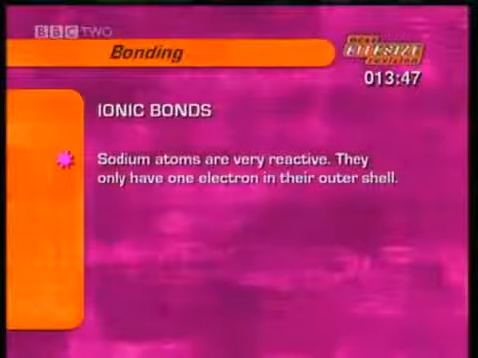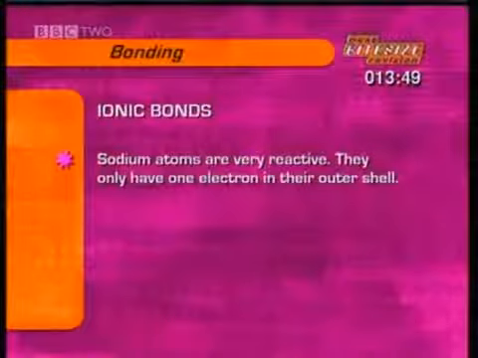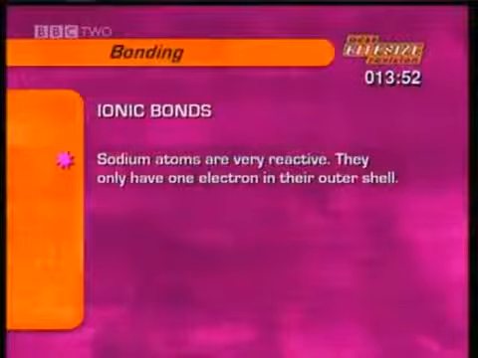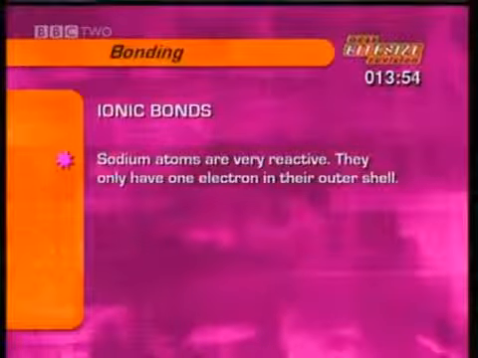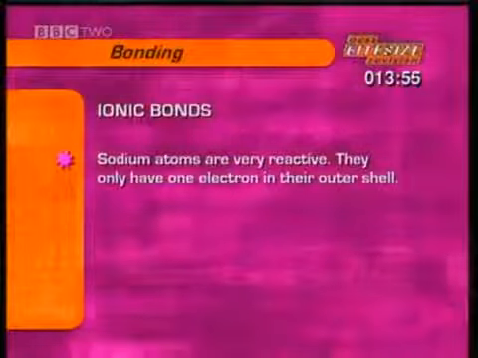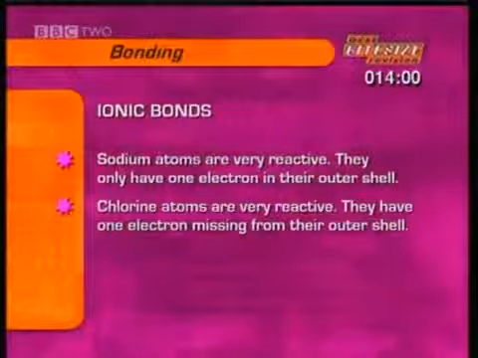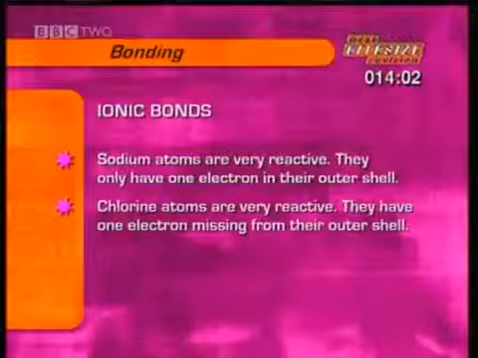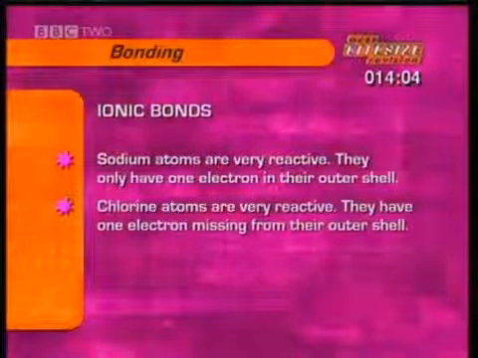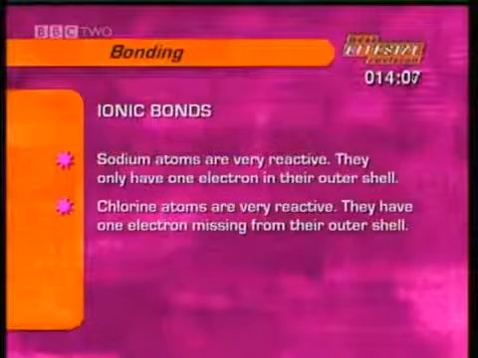In the clip, we saw that sodium and chlorine are both very reactive elements. Sodium is very reactive because its atoms have only one electron in their outer shell. And chlorine is very reactive because its atoms have 7 electrons, one missing from their outer shell.